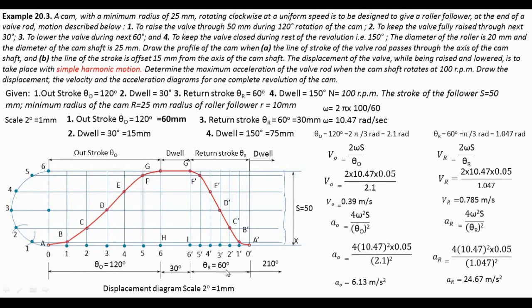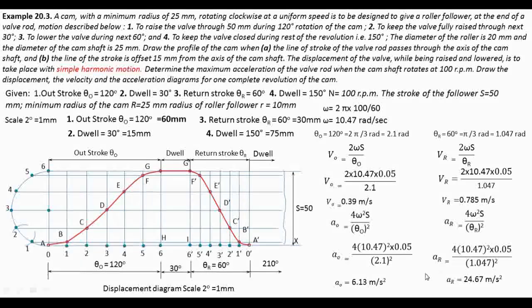But during the return stroke, the same distance is traveled by the follower from top to bottom, but the required time is less, because a 60 degree angle requires less time compared to a 120 degree angle. So the velocity is going to increase because the time is less.